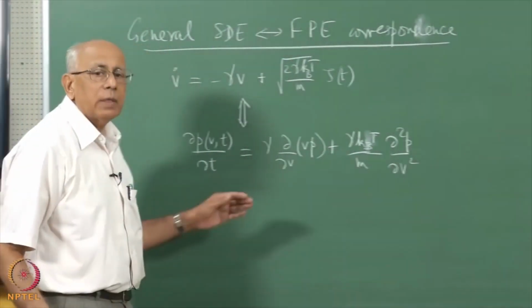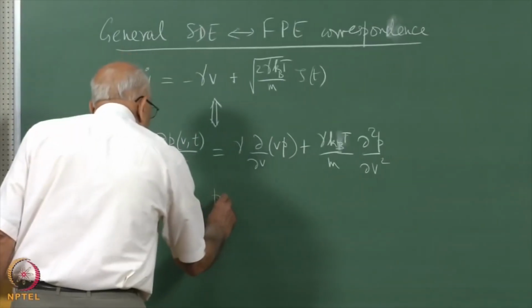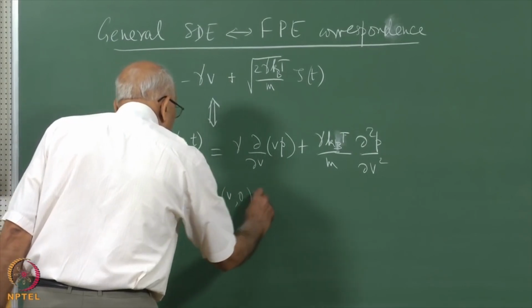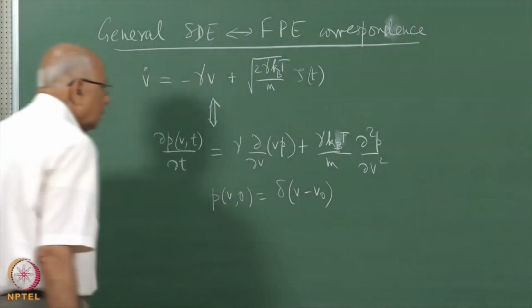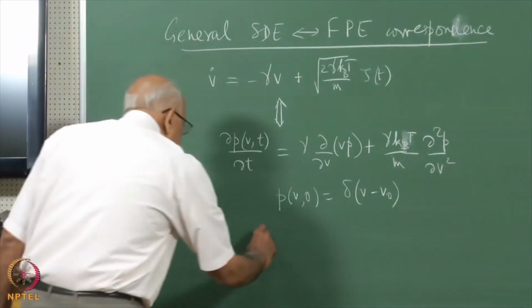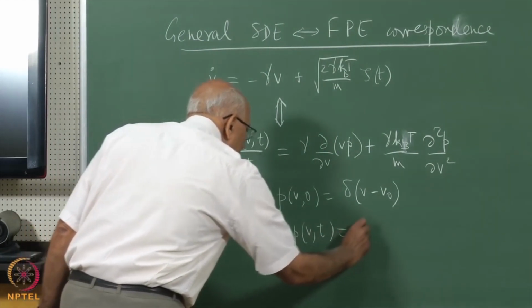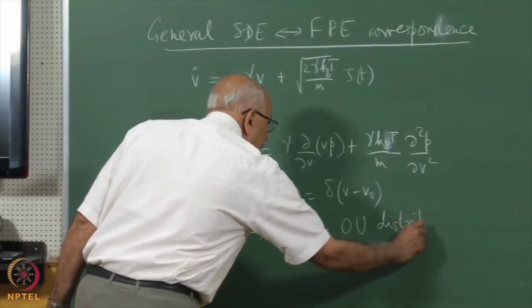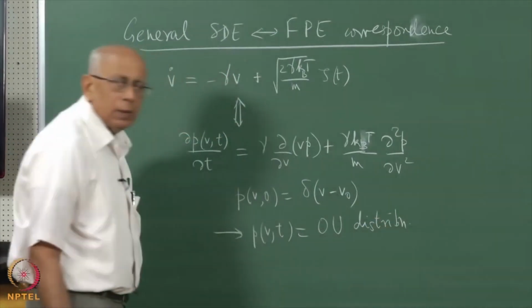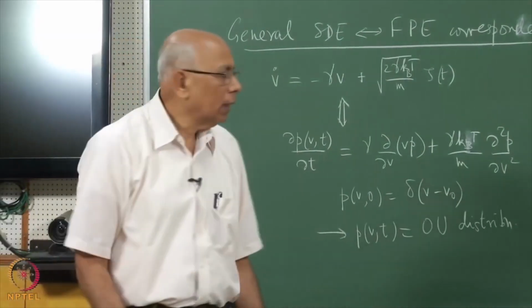We had to solve this with some specific initial condition V naught, for instance. So, the initial condition was P of V comma 0 equal to a delta function at V naught, and this led to P of V, t equal to the Ornstein-Uhlenbeck distribution. That was the first Fokker-Planck equation we came out with, right.